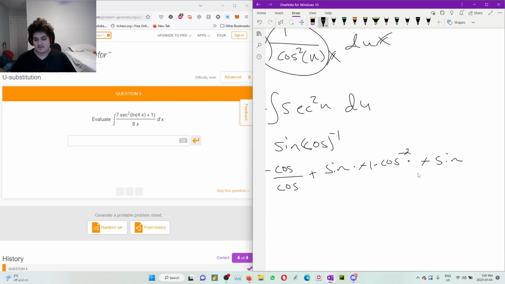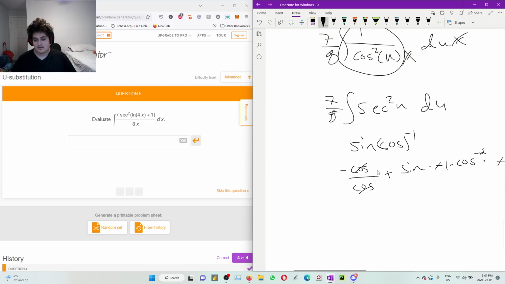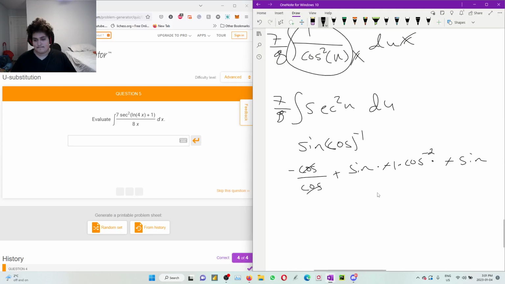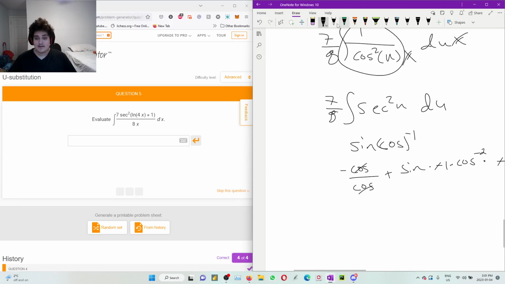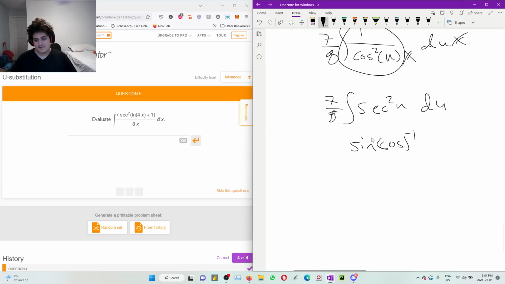So these cancel. Sorry, I'll do this better. So if we have sine x over cos x, let's just use the quotient rule actually, not the product rule.